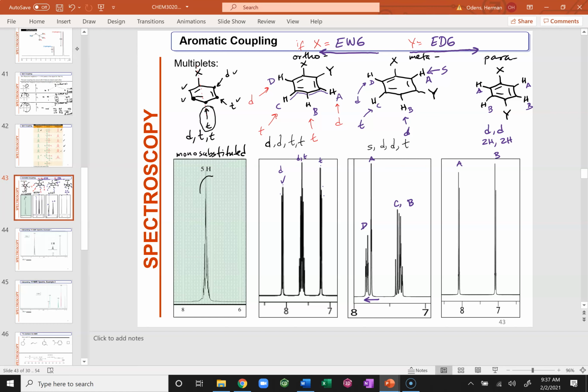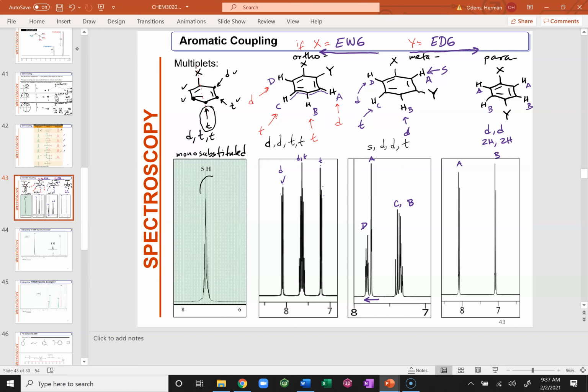So A to C, for this case, will have a W coupling. So the signal for A, which is already a doublet, will be further split. Each peak of the doublet will have a little crown, meaning each one of them will split a little bit. And so now you'll have what is called a doublet of doublets. You understand that?